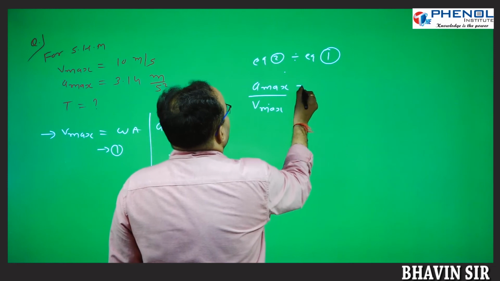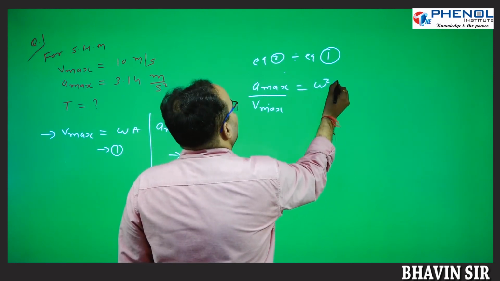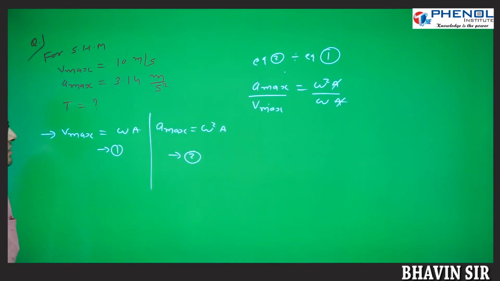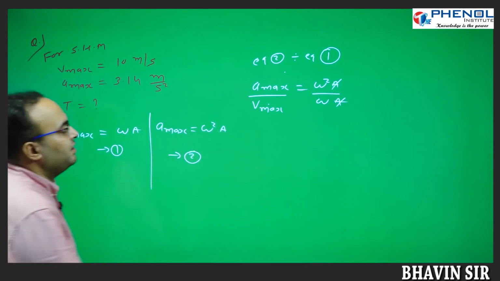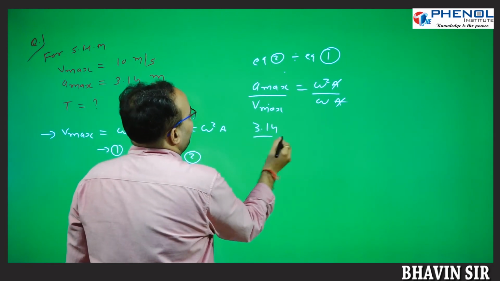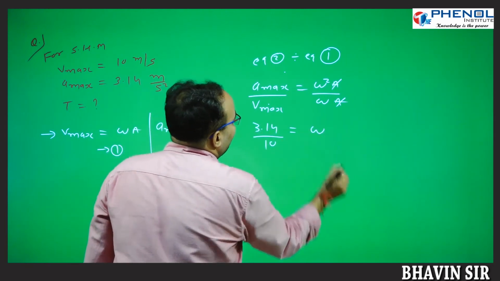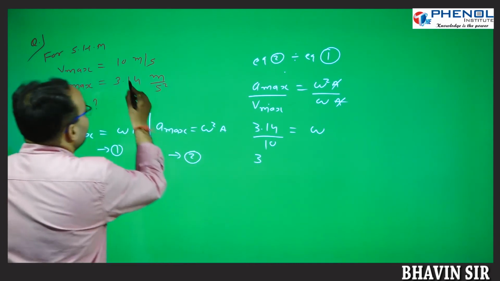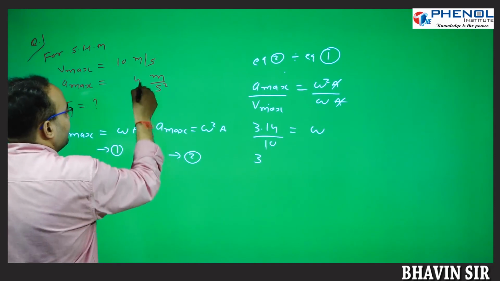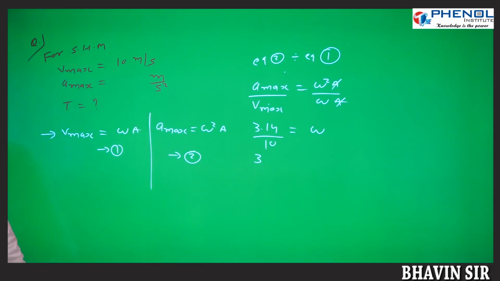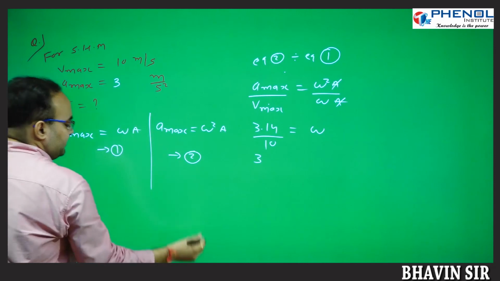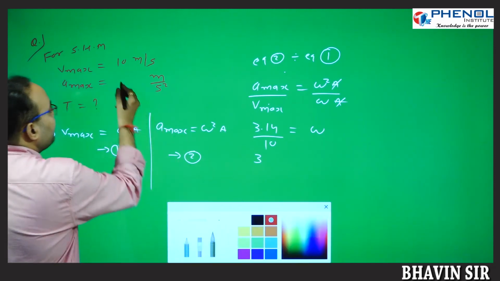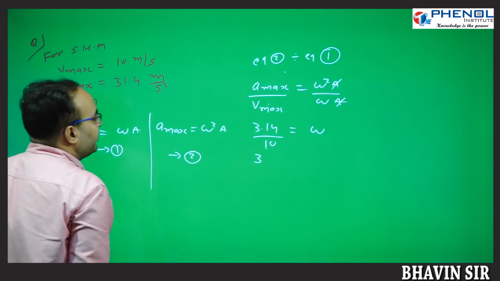So a max by v max is equal to omega square a by omega a. A cancels. What is the maximum acceleration? What is the maximum velocity? 10. 1 omega is left. Sorry, see students, here in the question the maximum acceleration is 31.4, right?